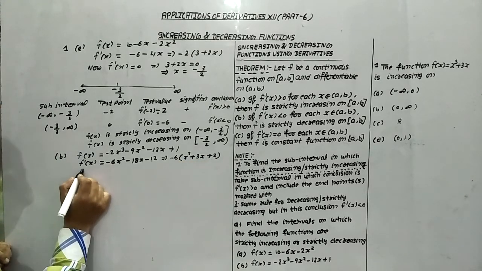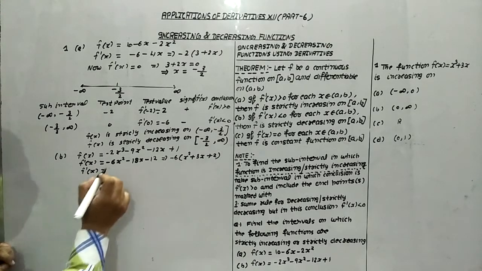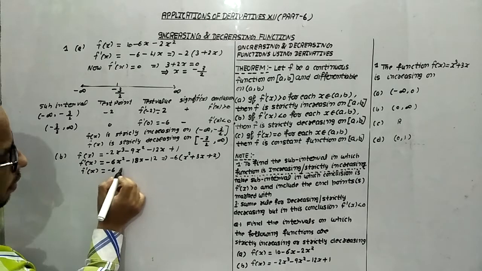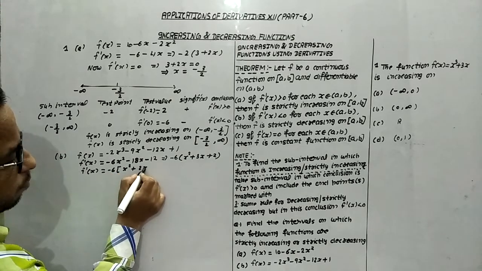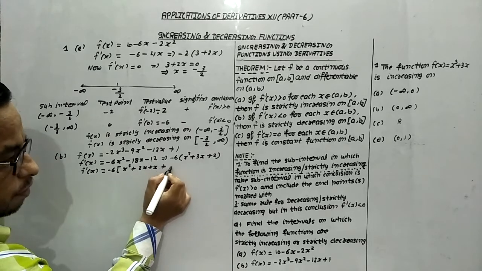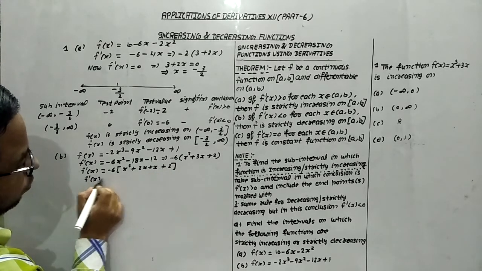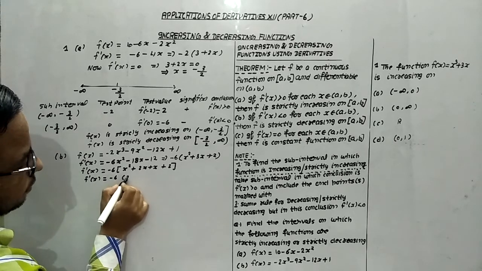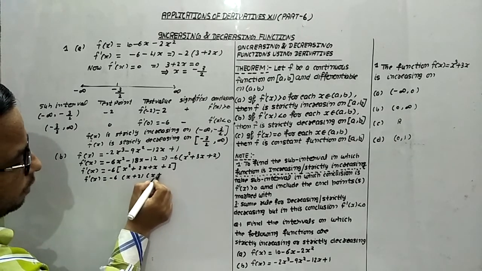Now once we do the factor, f dash x equals minus 6 into x square plus 2x plus x plus 2. It means f dash x equals minus 6 times x plus 2 times x plus 1.